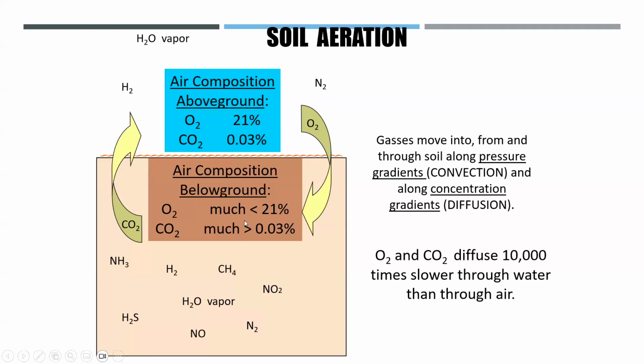So if you have water or solids here and with water filling in the pores, to get from here to here or here down, it's going to go a lot slower through soil pores, soil water than it is through the atmosphere. So just be aware that's why we want to keep stuff shallow.